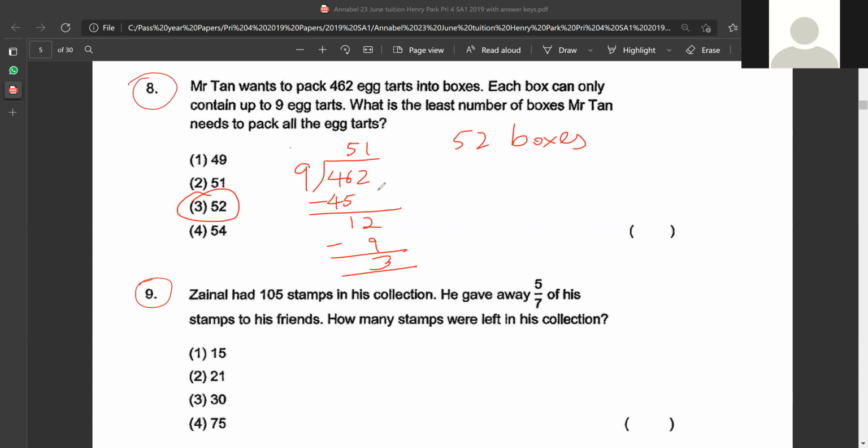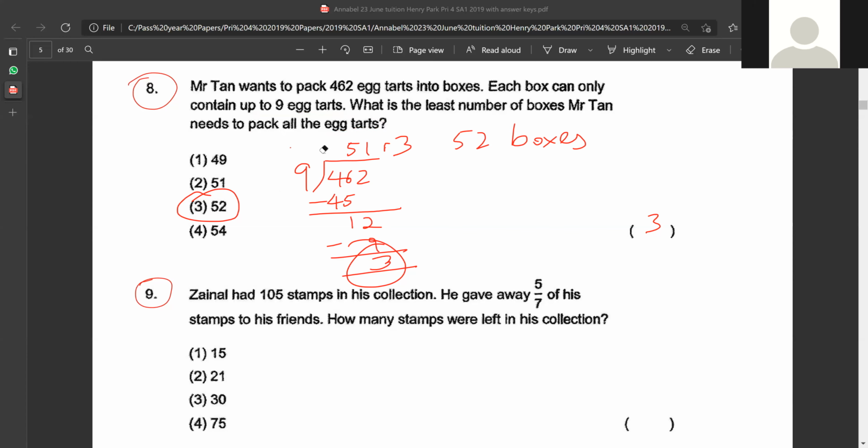Because there's a remainder 3. This remainder 3, these are 8 cards. They want to pack all the 8 cards, right? So you need at least 52 boxes. Now you get it?